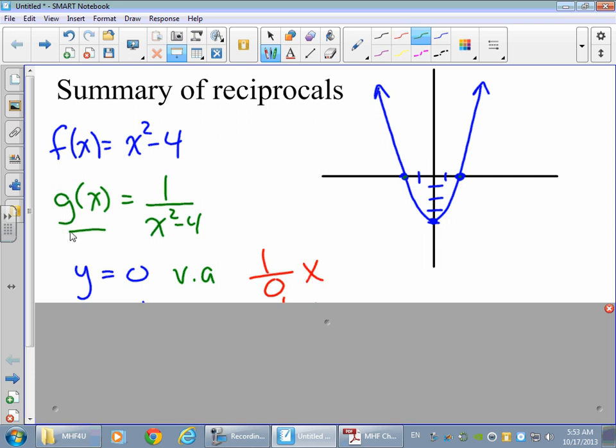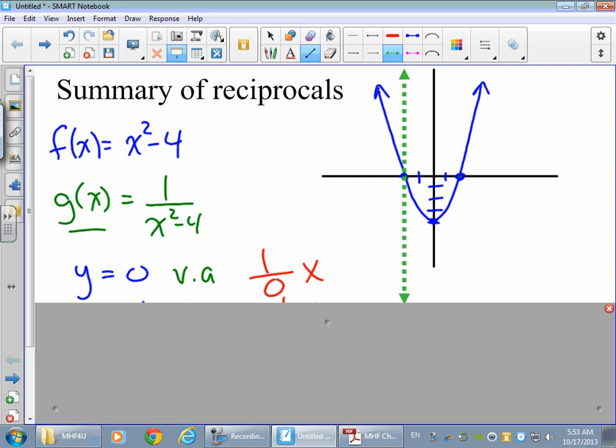Which means that those two spots on the graph, actually let's use the green, those two spots on the graph are spots where my new graph cannot pass. That's how we get our vertical asymptotes. So vertical asymptotes occur basically when we have a division by 0.